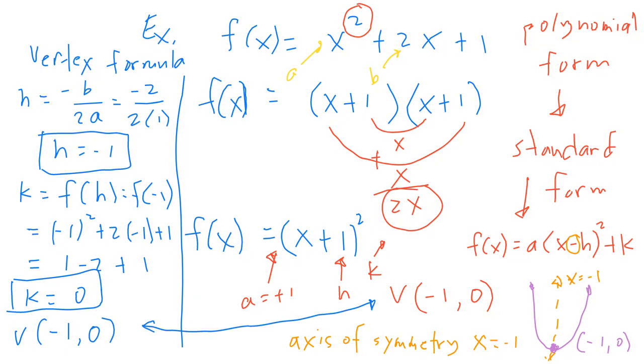Okay, so there are two solutions that you can do. If you can factor it, then you can actually have the standard form and find the vertex. And if not, then use the vertex formula.